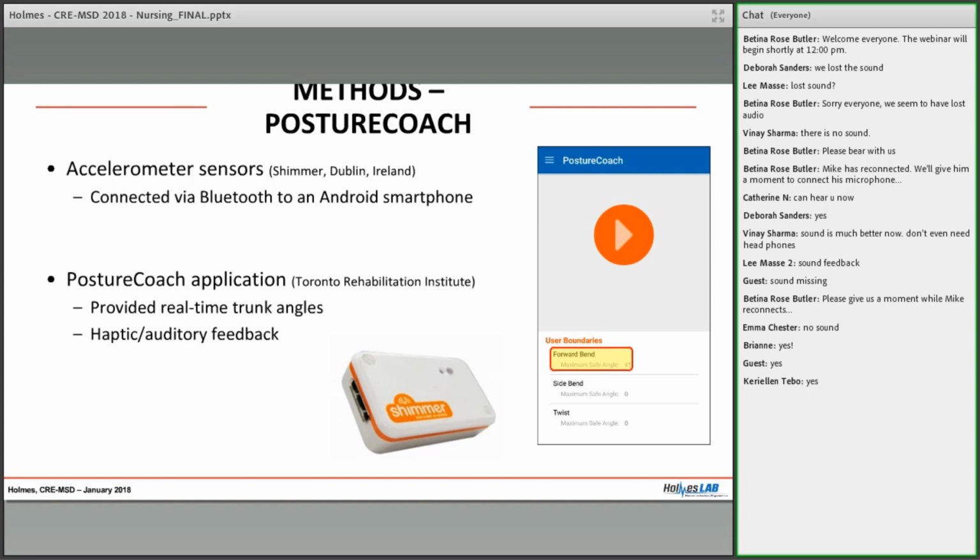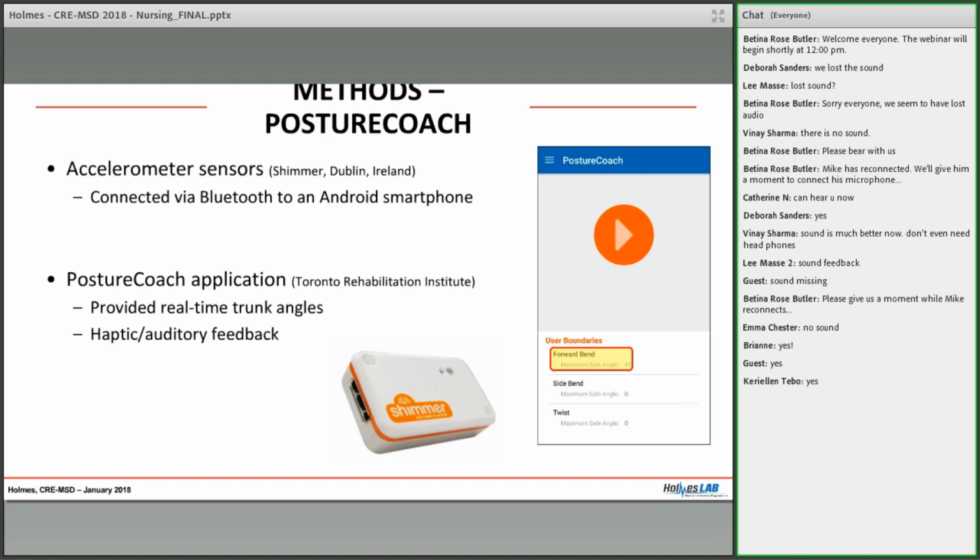So the PostureCoach system, as you just saw, are accelerometer-based sensors that would stream trunk angle data in real time to an Android smartphone. And within the application of the smartphone, you can set thresholds for which you want the sensors to vibrate or provide some sort of auditory feedback to the participant.